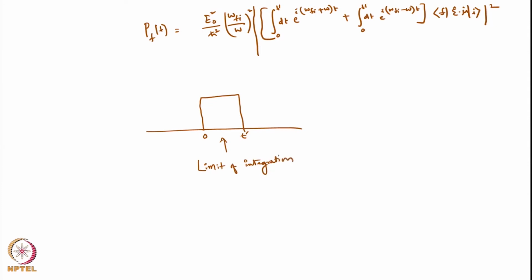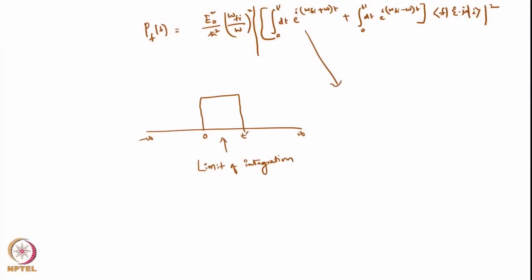But if you consider the entire time of minus infinity to plus infinity, from minus infinity to 0 there is no light, so there is no perturbation, and similarly after t prime there is no perturbation. So, the effect of perturbation before t equal to 0 and after t equal to t prime is non-existent.